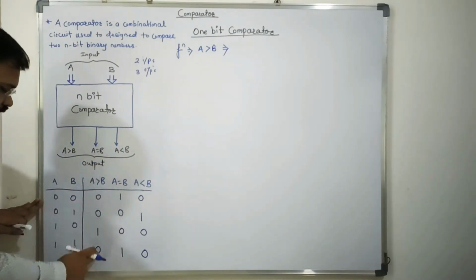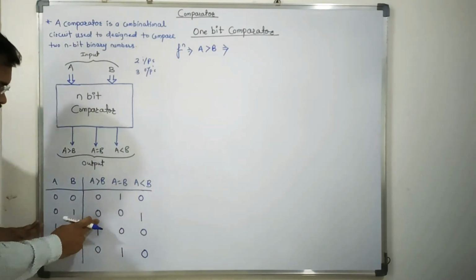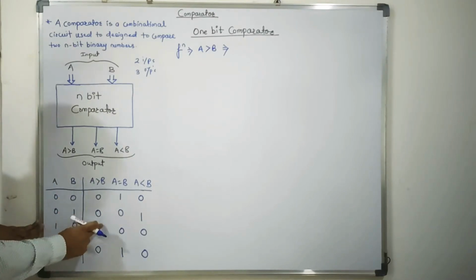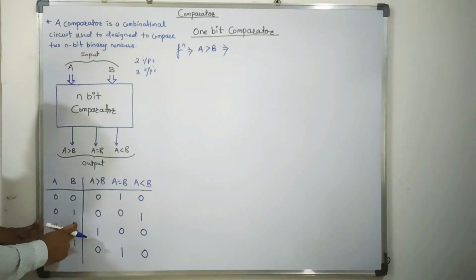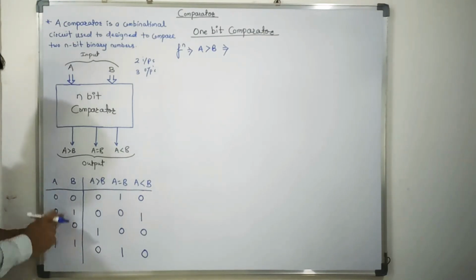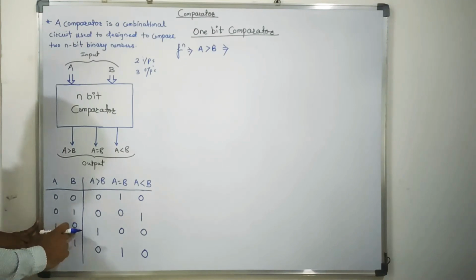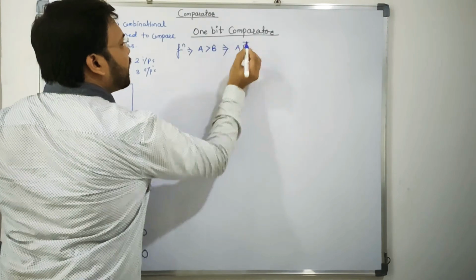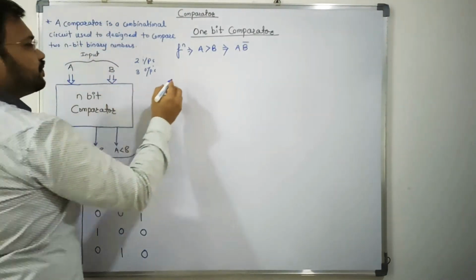In this column the logic 1 occurs for input 1 0, so the SOP term is A B bar. So the equation is A B bar.